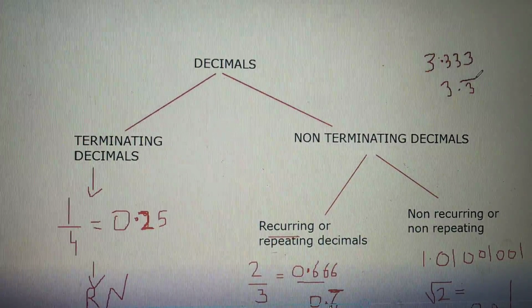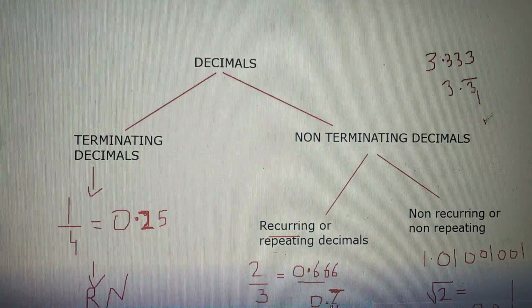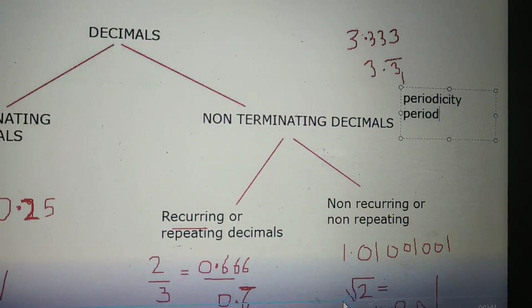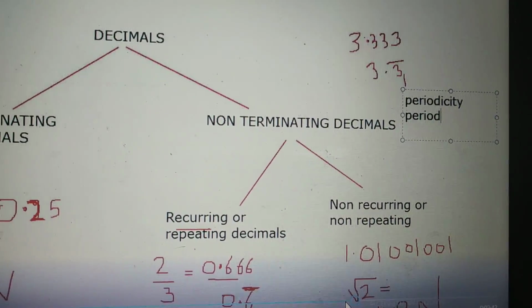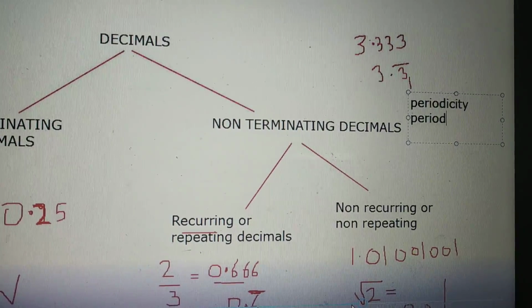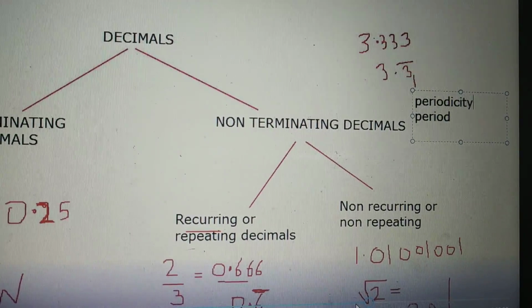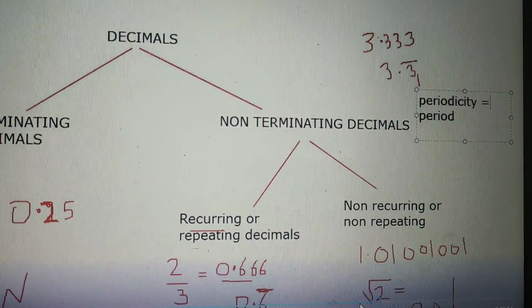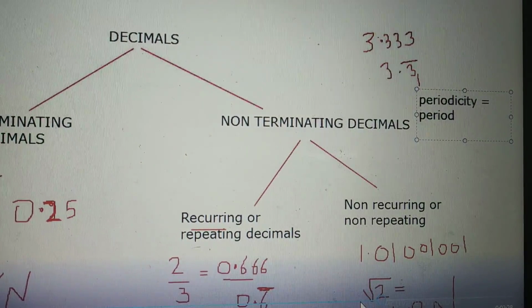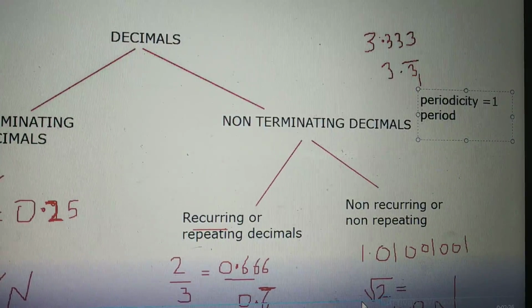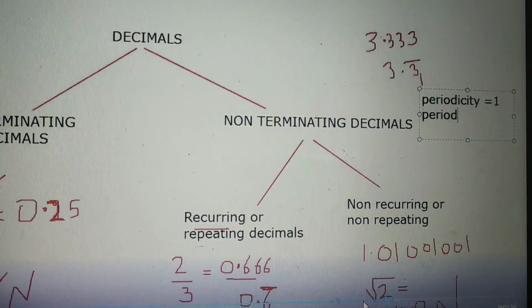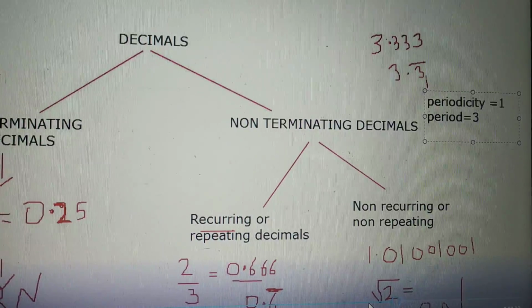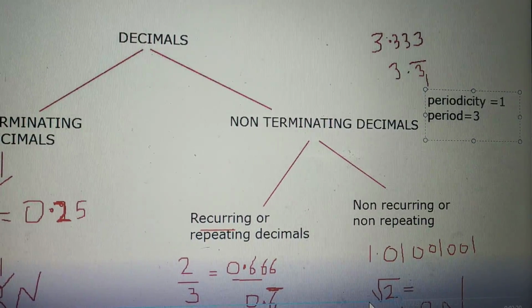The number of digits that repeat is called periodicity. Look, in 3.3 bar, the number of digits which is getting repeated is 1. That means its periodicity is 1 because only one digit is repeating itself, and its period is 3. That means the number which is getting repeated again and again.